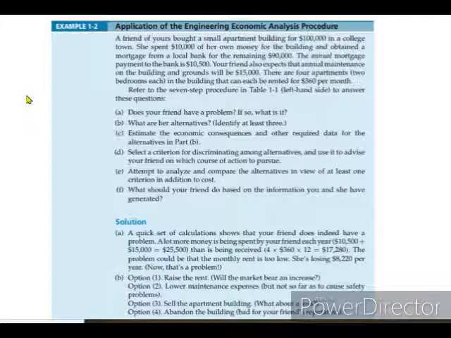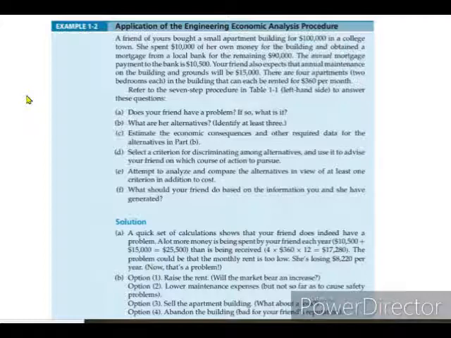My friend also expects that annual maintenance on the building and grounds will be $15,000. There are four apartments, two bedrooms each, in the building that can each be rented for $360 per month.